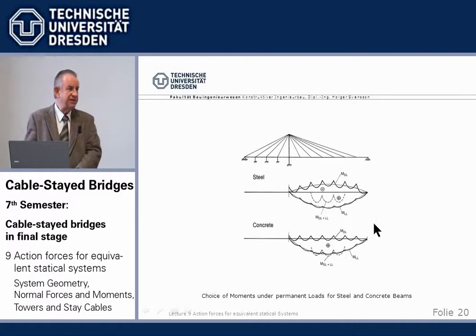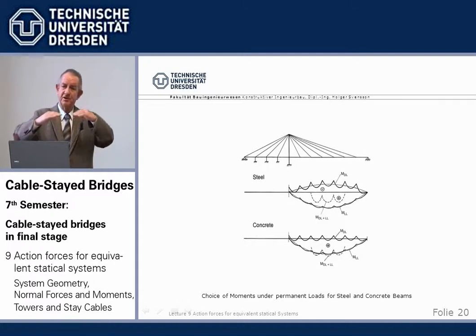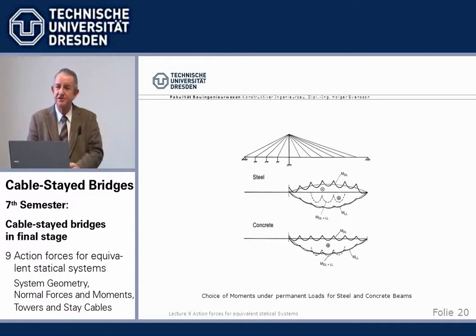I'm confident you've learned all that in concrete structures, creep of concrete. So we must find a system for permanent loads which doesn't creep away, and just believe me, it's the system which is rigidly supported at the cable anchor points. We come to that later.